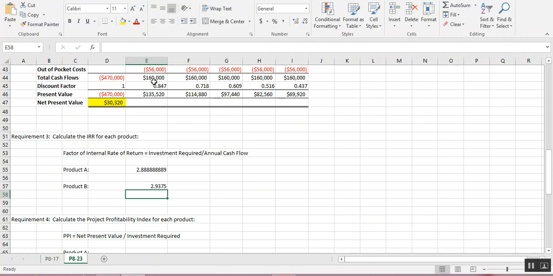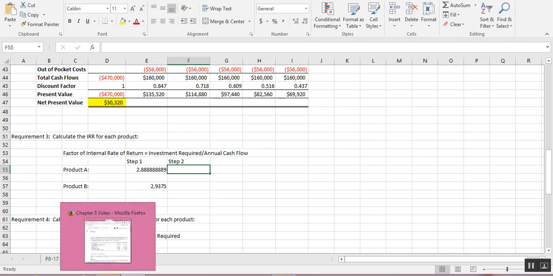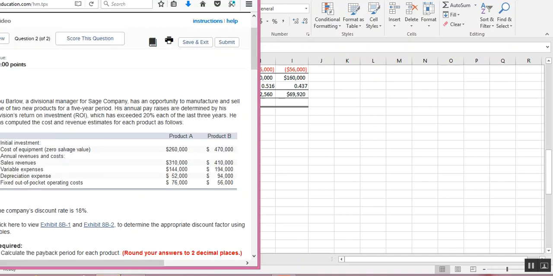So our product B factor for the internal rate of return was 2.938. So that's step 1. So step 1 gives us some numbers, and we've got to then go to our charts and try to figure out how to find those. So jump back over here.